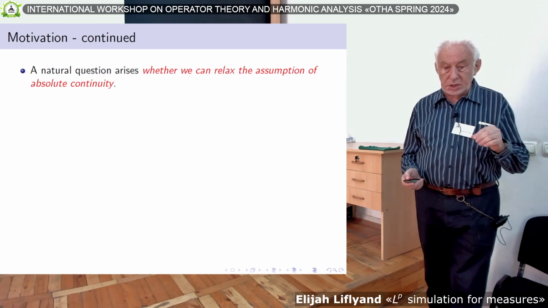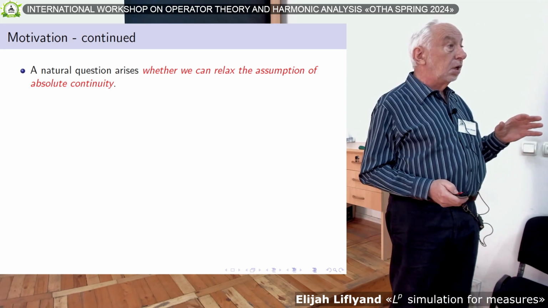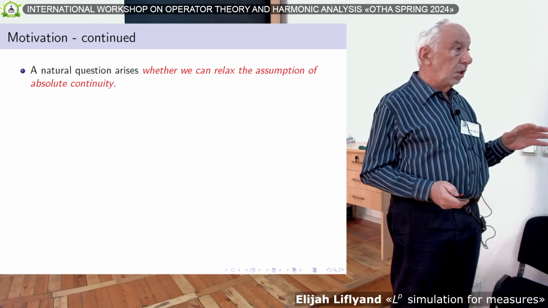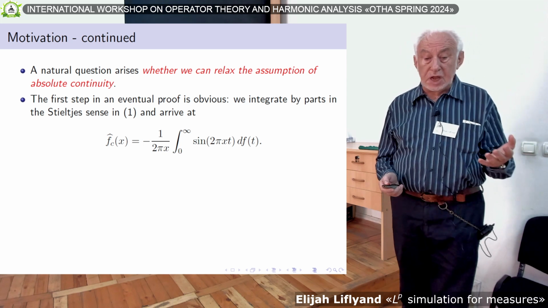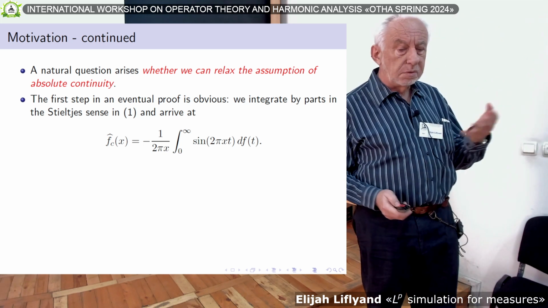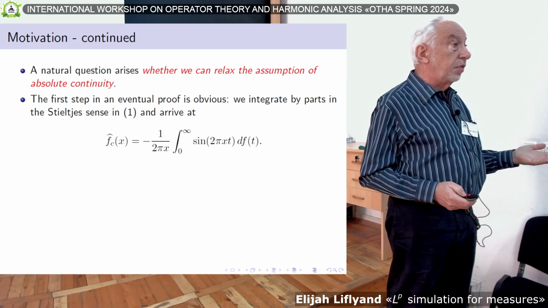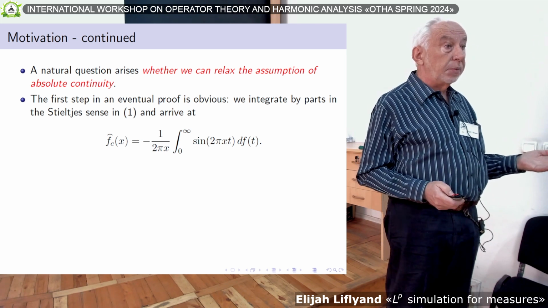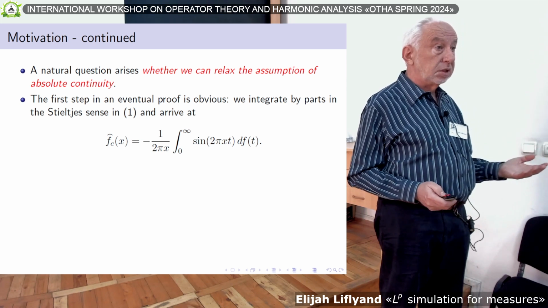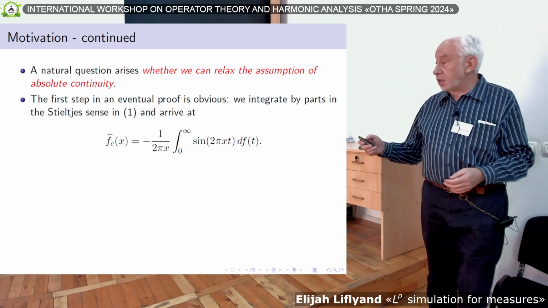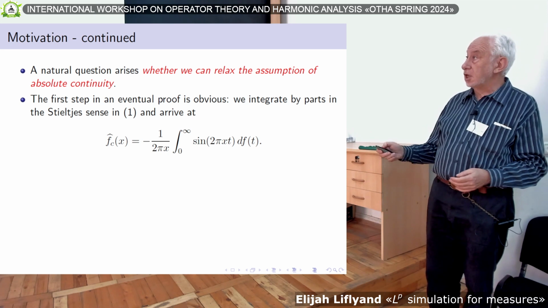A natural question is whether we can get rid of absolute continuity. The first step in each proof is integration by parts. But we can integrate by parts without assuming absolute continuity. We can integrate by parts in the Stieltjes sense and arrive at this integral.